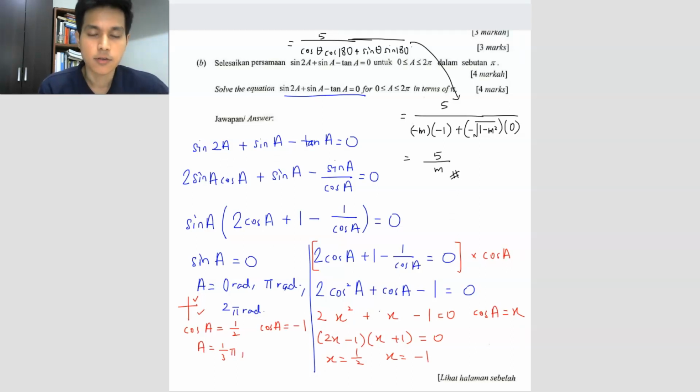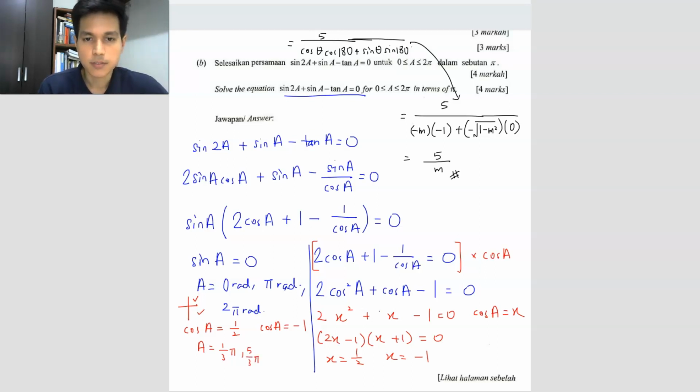That is 60 degree. I hope you all understand what I'm saying, because I'm trying to skip steps here since I don't have enough space. So A equals 60 degree means 1 over 3 pi. The second one is going to be the fourth quadrant, right? So fourth quadrant means 360 minus the 60 degree. So you get 300 degree. So 300 degree is actually 5 over 3 pi.